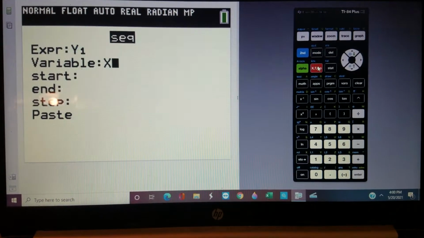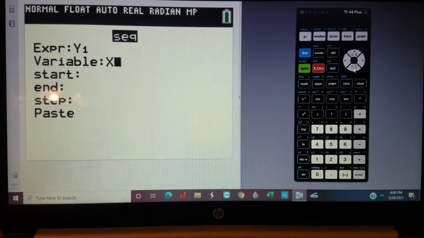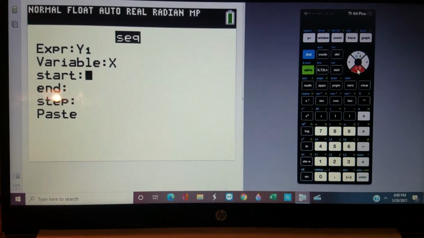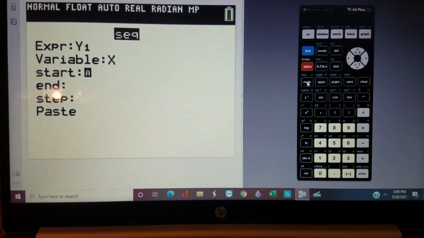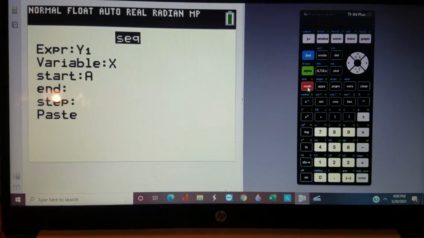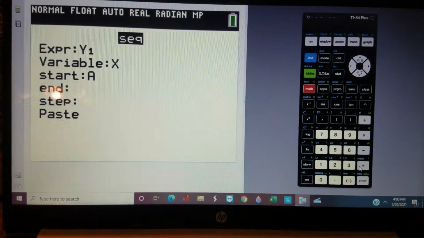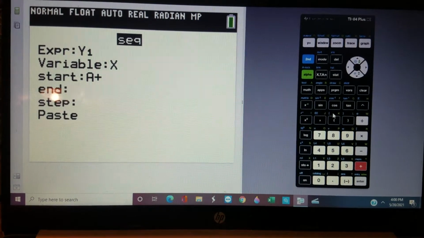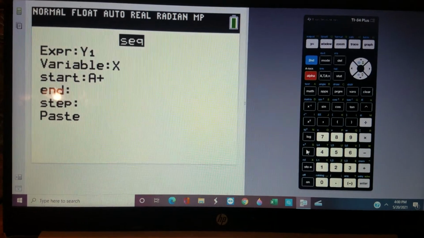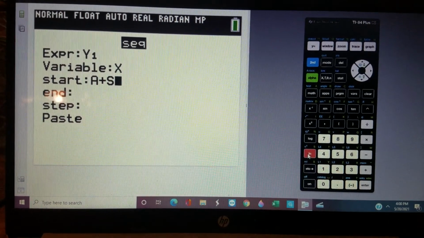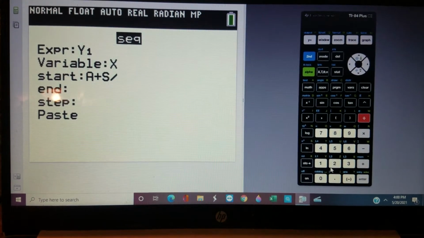and my problem asked for me to use the midpoint of my rectangles. And what I'm going to do there is take my left boundary, whatever it is, and I store that at A, and add the step, but midpoint means only halfway through.